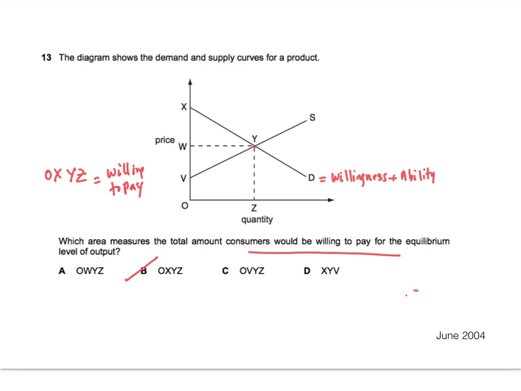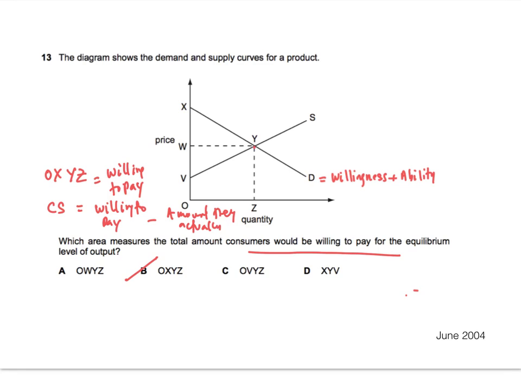But just quickly recapping other variations of this question. Sometimes they can ask you about consumer surplus, and they give you the same diagram. Consumer surplus is basically the amount consumers are willing to pay minus the amount they actually pay.